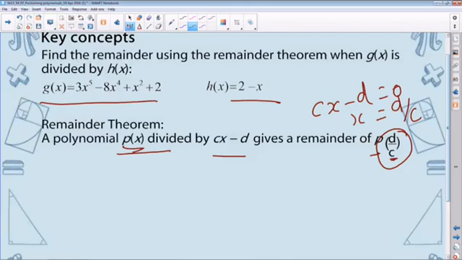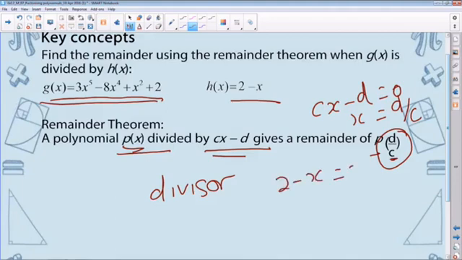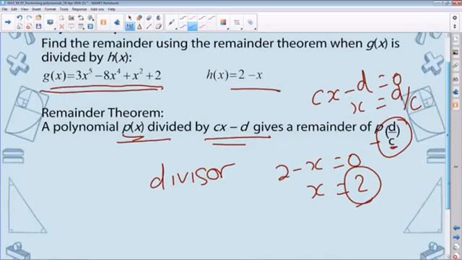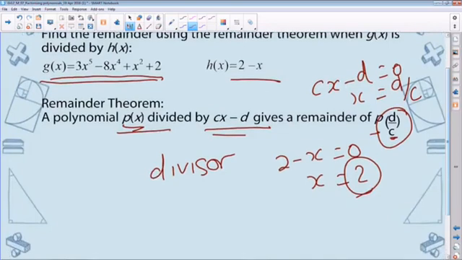So using that concept, we are asked to find the remainder using the remainder theorem, where g of x is 3x to the power of 5 minus 8x to the 4 plus x squared plus 2, and h of x is 2 minus x. So putting it back to my theorem, for my divisor h of x, if 2 minus x is equal to 0, what am I going to be using to find my function value?